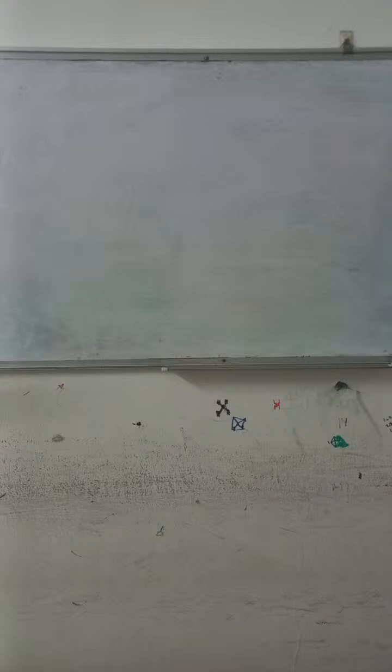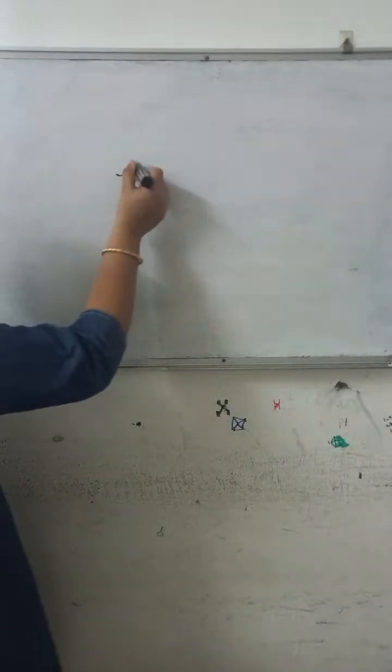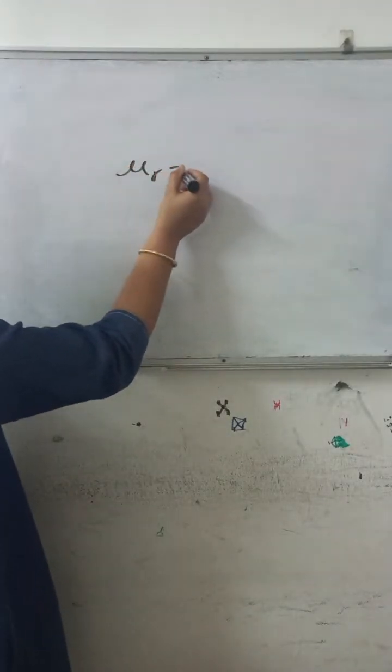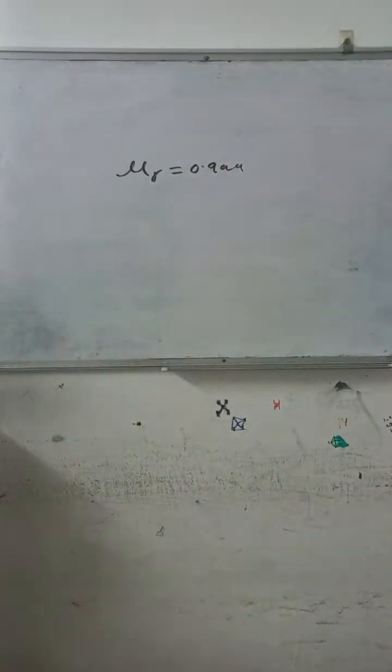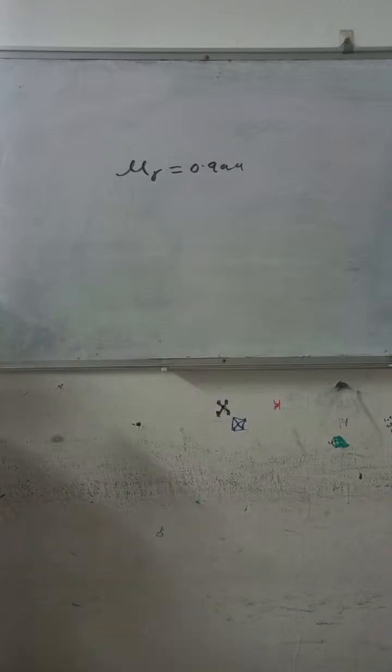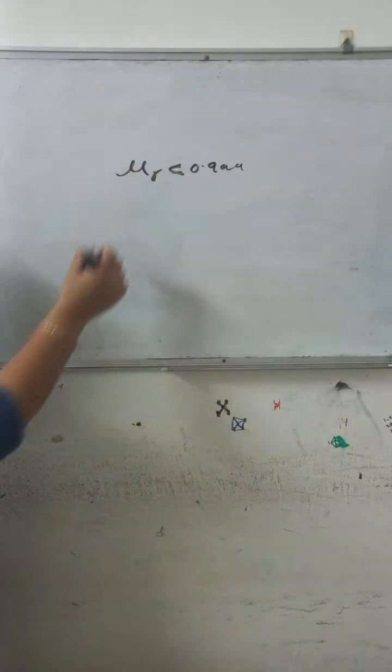Because copper is a diamagnetic material, and for a diamagnetic material the relative permeability is always less than 1, less than 0.999. So the option is copper, and copper is a diamagnetic material. That is the correct option.